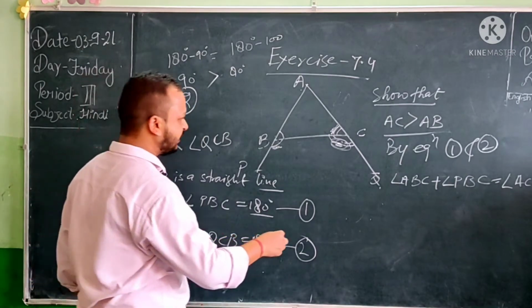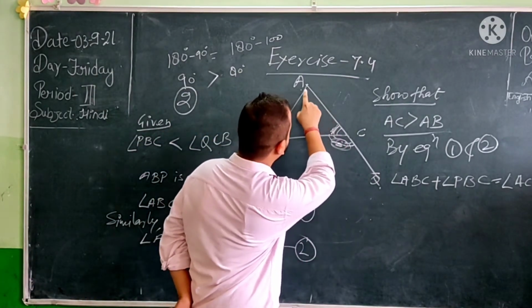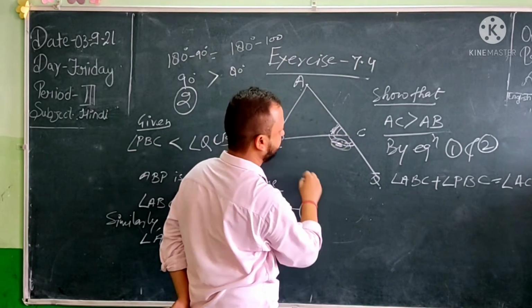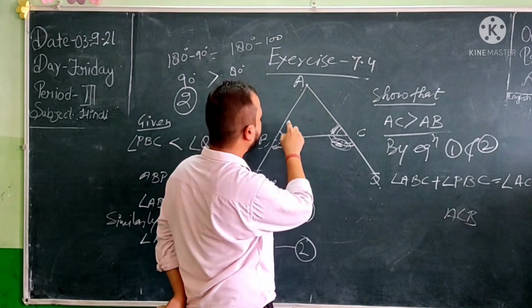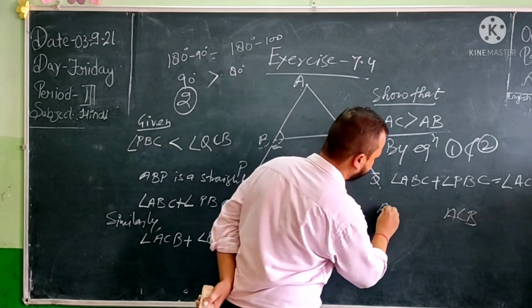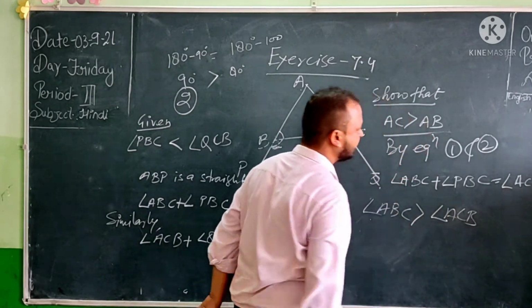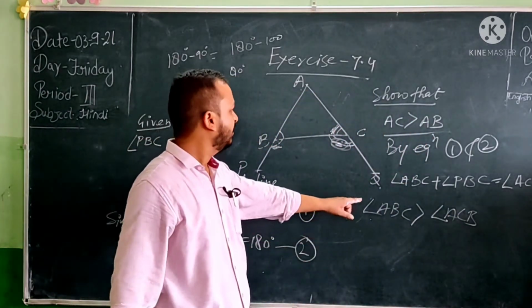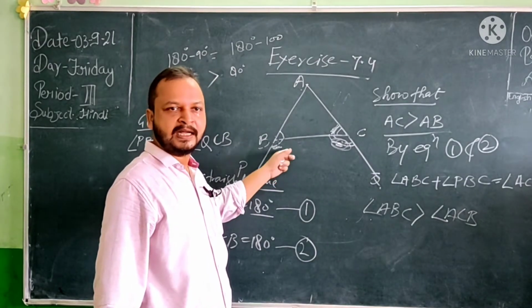So we can say that this angle ACB here, and here ABC, right? It means angle ACB is greater than ABC. This part understood? समझ में आया?